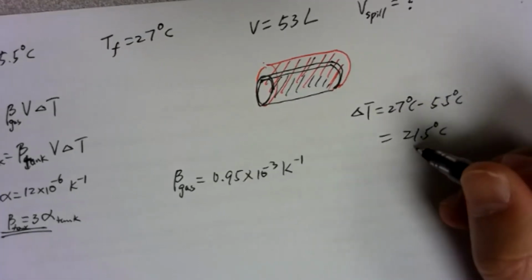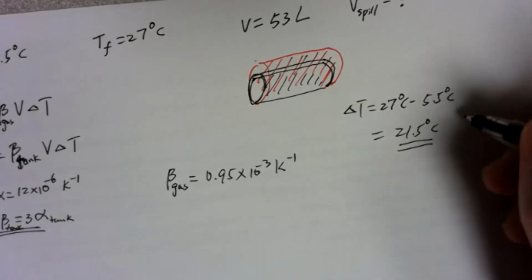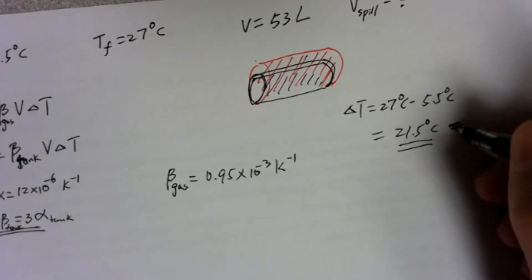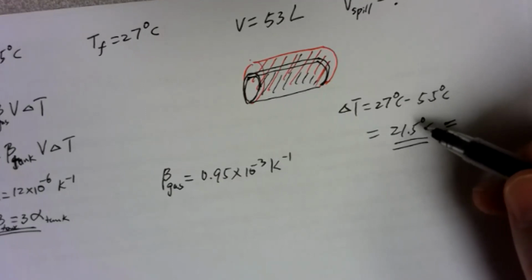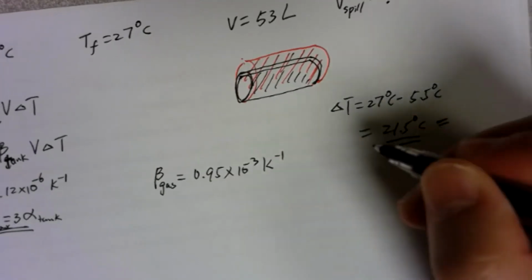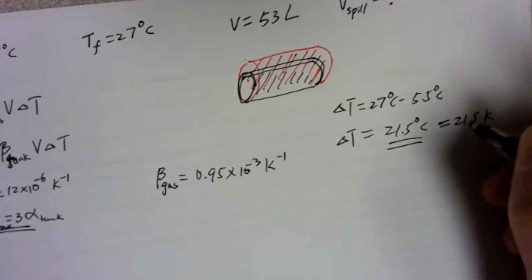And remember, degree Celsius and degree Kelvin are the same if the increments are the same. So if there's a difference of 21.5 degrees in Celsius, that's also 21.5 in Kelvin.